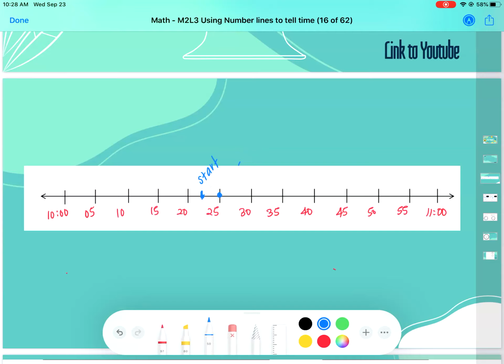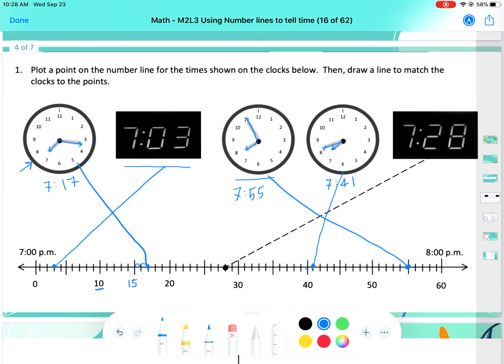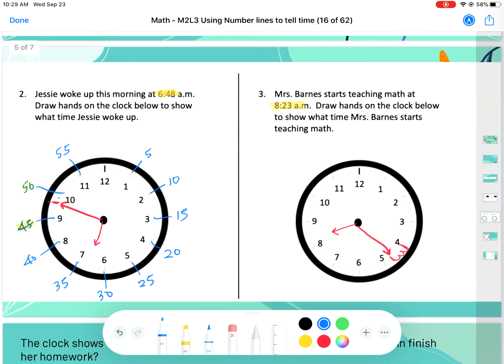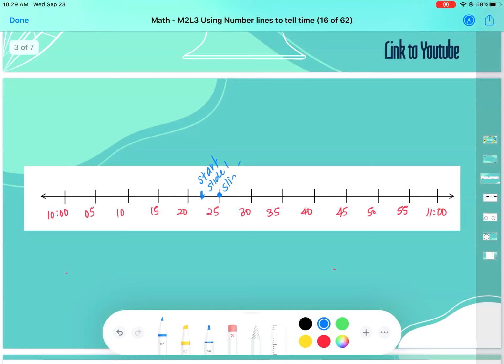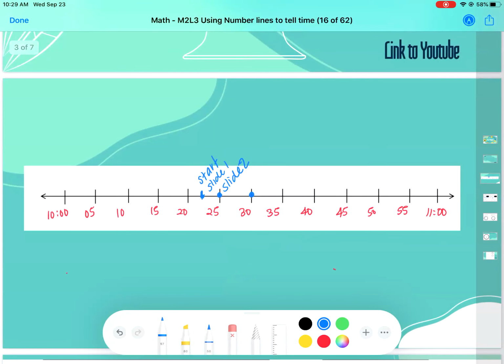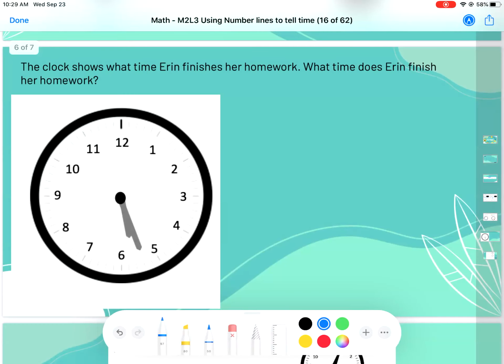So it's actually going to be slide 1. And this is going to be slide 2. And right now it's almost 10:30, so I'm going to plot my point here, and I'm going to say slide number 3.